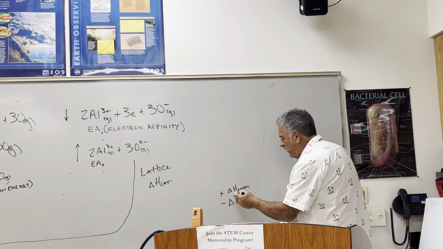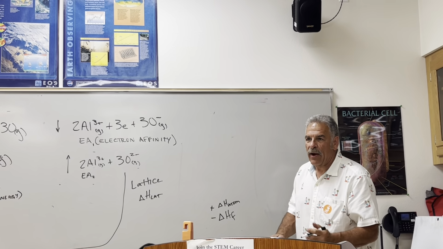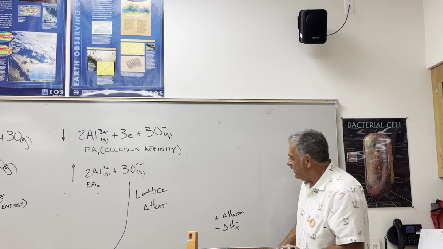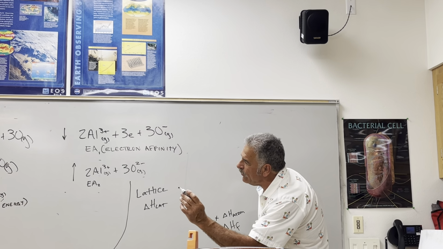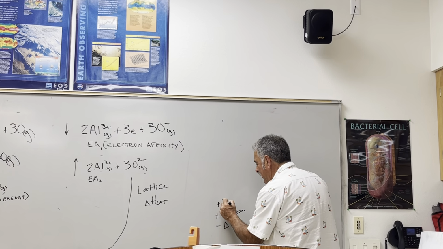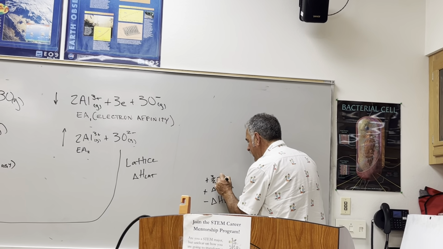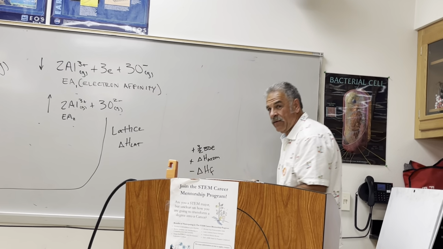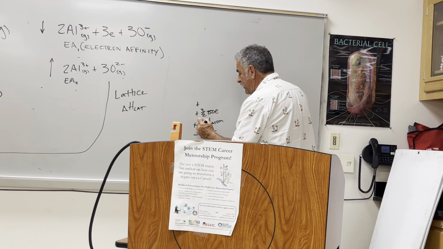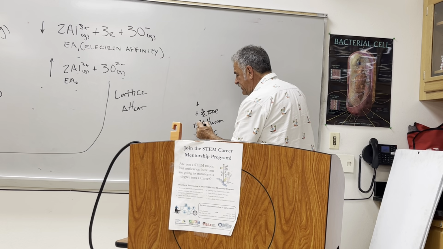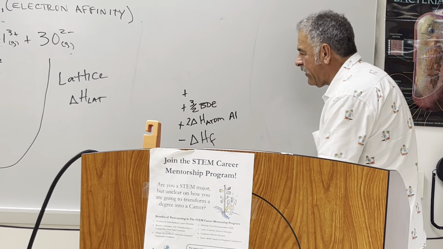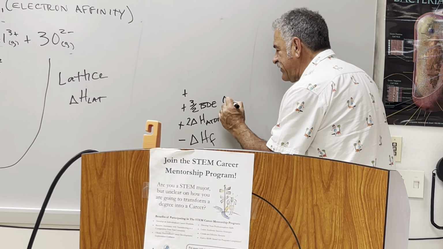So now we're going to go up. HF went down, now we're going up. And as we go up, the next thing we do is bond dissociation, right? Then we're going to add, how many times did we do this? 2. Heat of atomization, aluminum. BDE, oxygen.